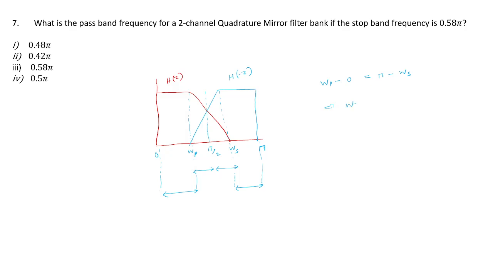Therefore we have this equation. Now the stop band frequency is given as 0.58 pi, and we need the pass band frequency omega p. So we obtain pi minus 0.58 pi, which is 0.42 pi. Therefore the pass band frequency for this two-channel quadrature mirror filter bank is 0.42 pi.